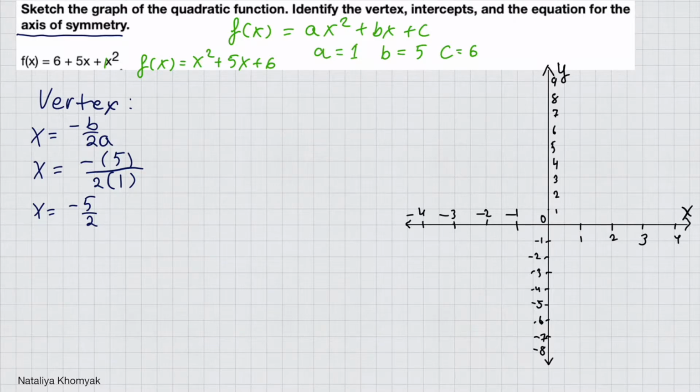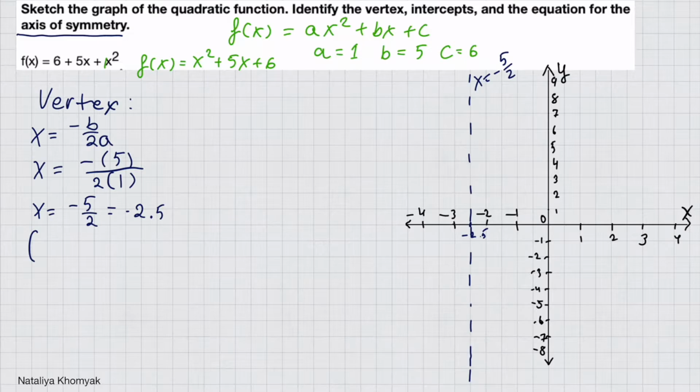Negative 5 over 2 is the same as negative 2.5, which is between negative 3 and negative 2. Our axis of symmetry will be a vertical line going through negative 2.5.